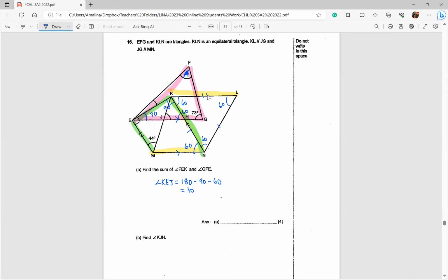So my sum of angle FEK plus angle GFE is your 180 minus of my 30 degrees at the corner and my 73 degrees. Okay, so I get 77 degrees for part A.